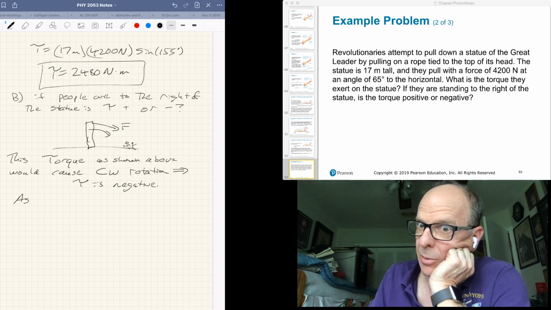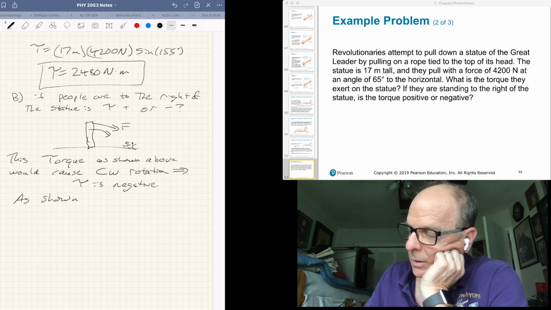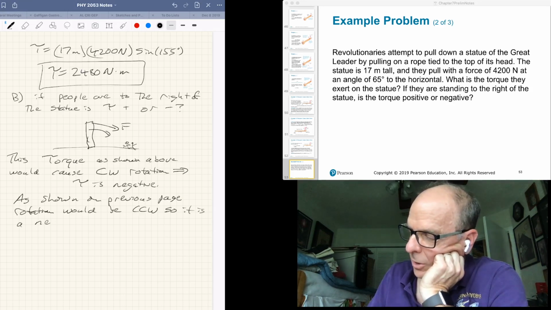That would cause the statue to rotate in the counterclockwise direction, which would be a positive torque.